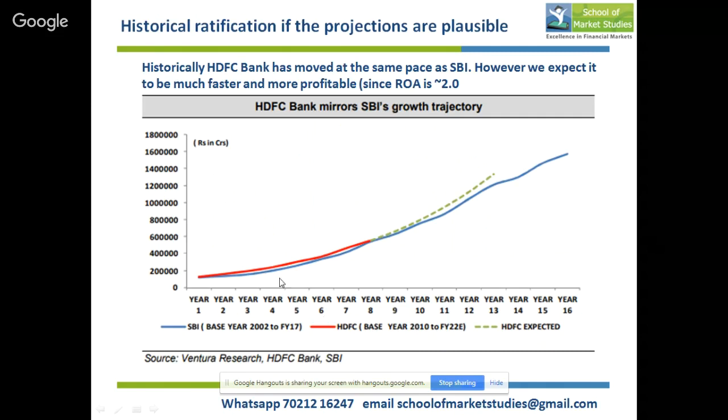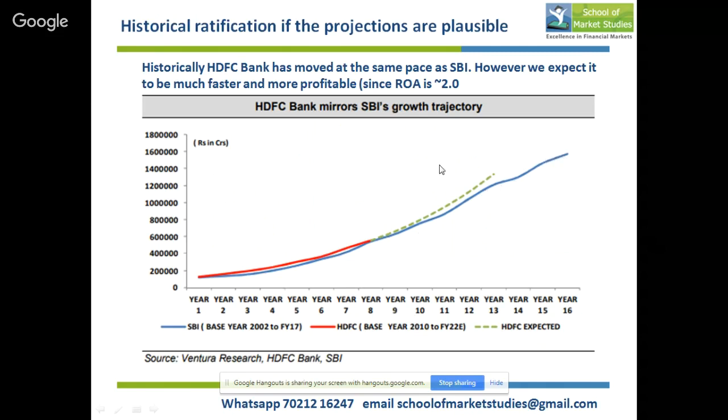And over the period of the last 8 years, HDFC Bank has, if you see, mirrored the performance of the blue line, that is the SBI. And this dotted green line is a clear expectation of how this growth is expected to pan out over the next few years, and which is closely mapping or slightly better than the growth of SBI for loan books.